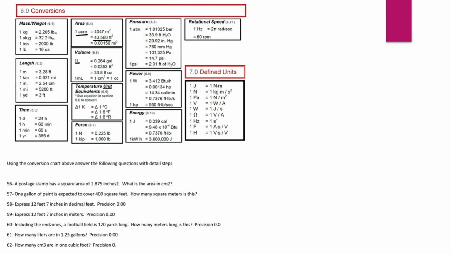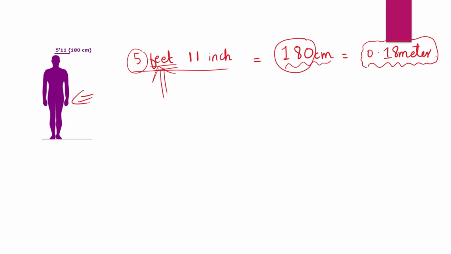Now let's come to the main objective of our lesson today: converting units. Let's say you are sitting in the UK and you want to communicate with another country, say India.